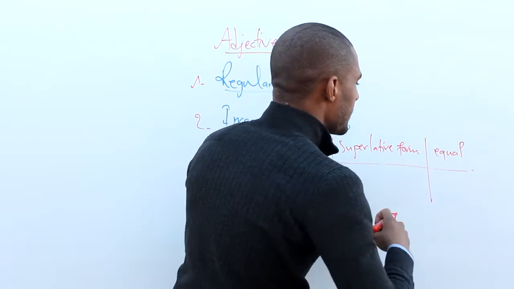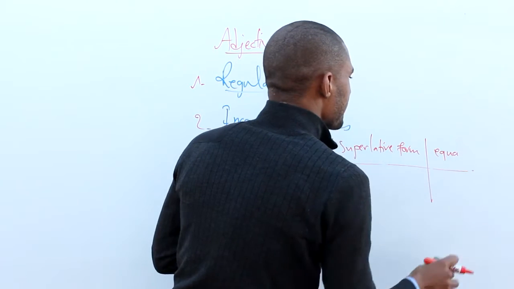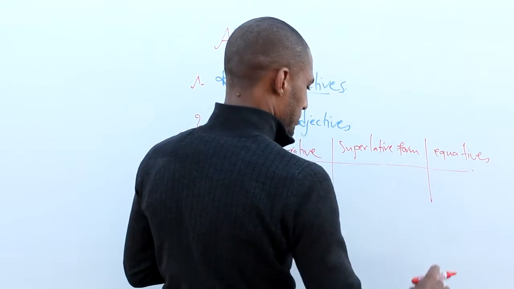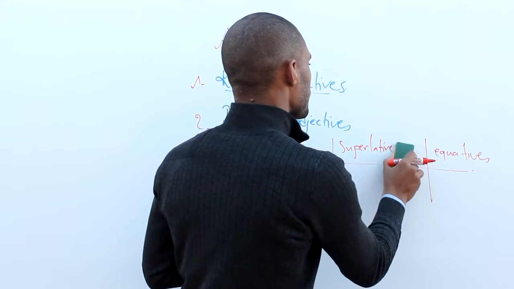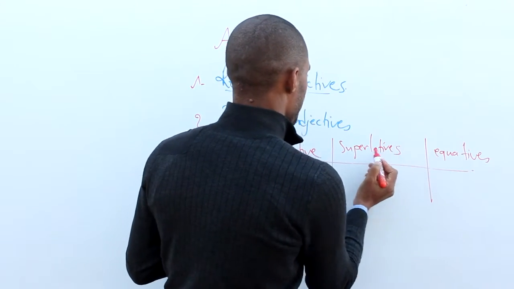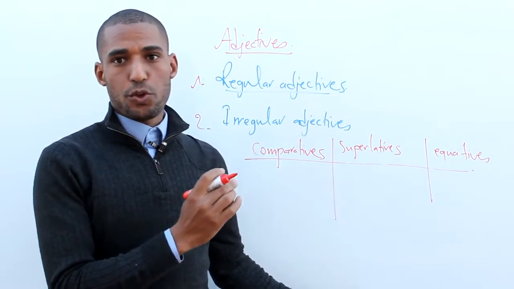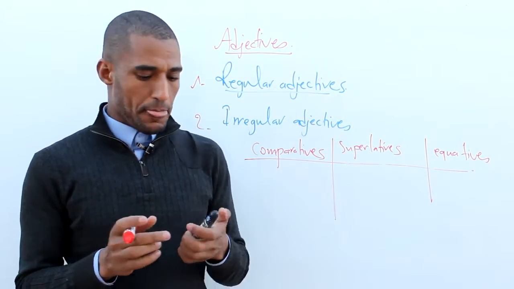Let's put it this way, right? Let's call it equatives. So we got comparatives first, superlatives, and then equatives. How to form each form here.